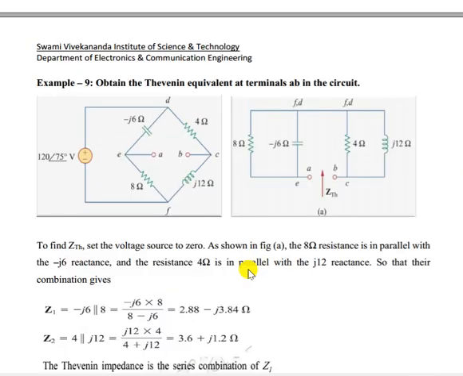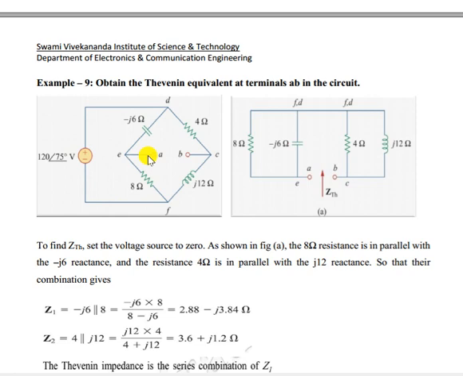Now obtain the Thevenin equivalent circuit across this point AB. That means you have to apply Thevenin theorem here. So you have to find out ZTH, that is equivalent resistance or impedance of the circuit.